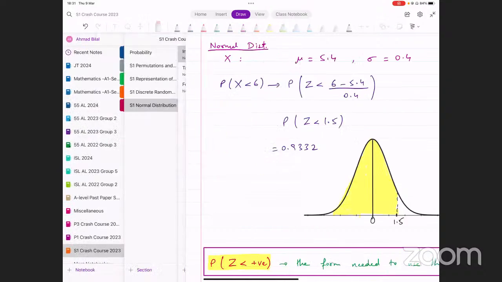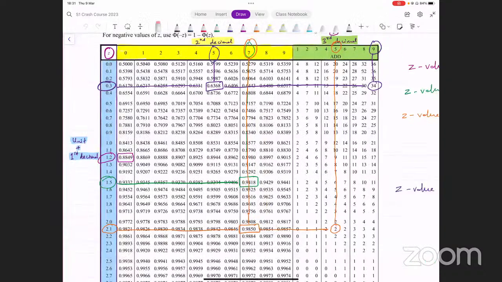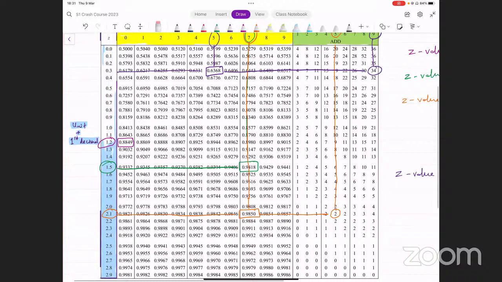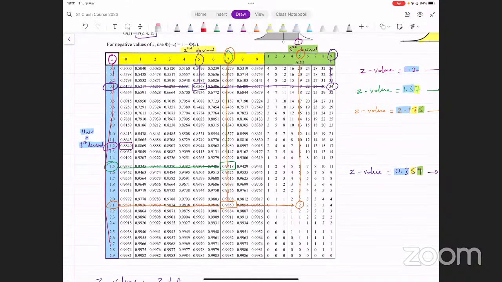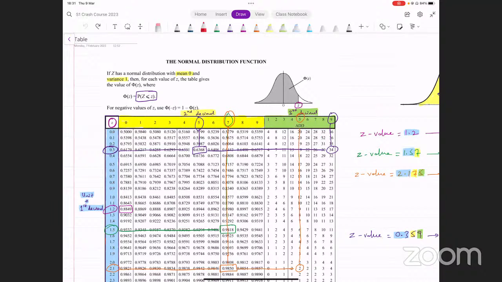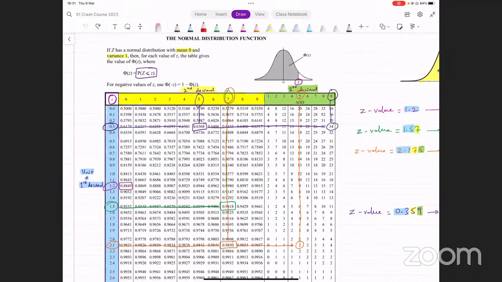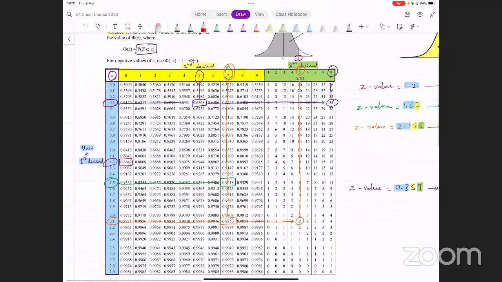In the table, the values that you have in the first column and in the first row represent values of z. We discussed how to read the table. From that value of z, you find the corresponding probability.